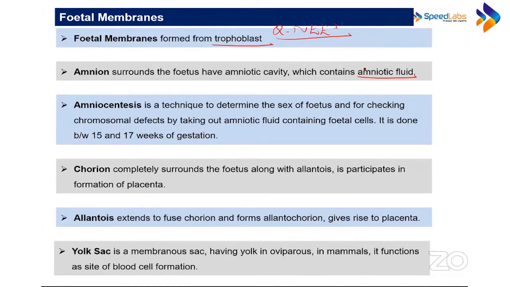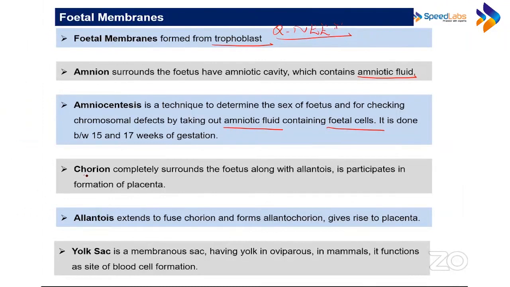That is illegal. They go to ask the doctor whether it is a girl or a boy. So amniocentesis is also done for checking out the chromosomal defects by taking some amount of the amniotic fluid, and that contains the fetal cells, because the fetus is lying suspended in the amniotic fluid. So around 15 to 17 weeks of gestation period, amniocentesis can be done.